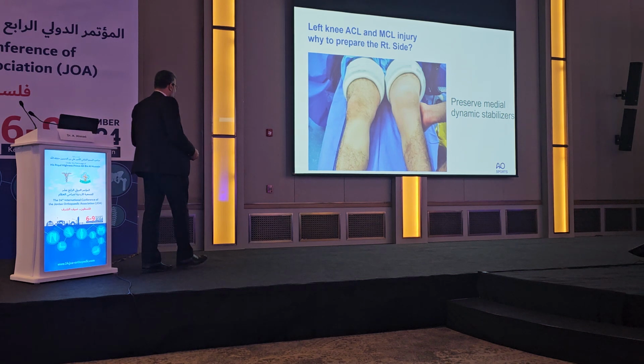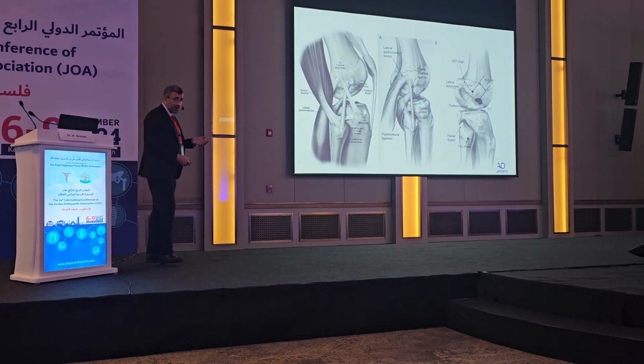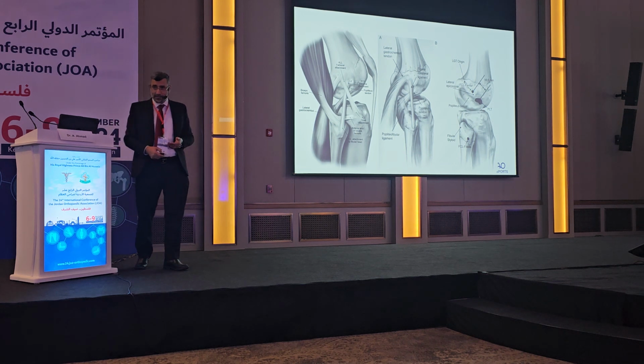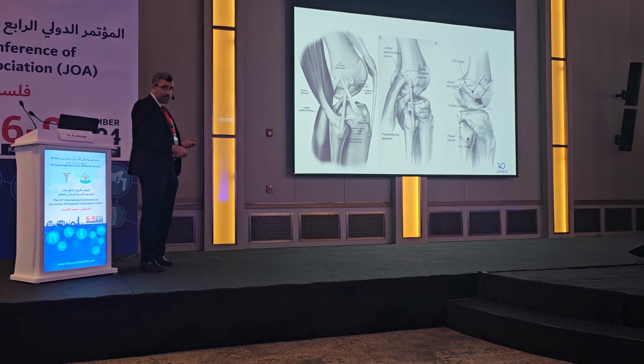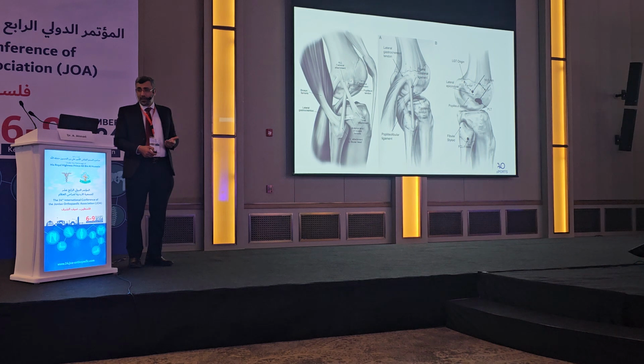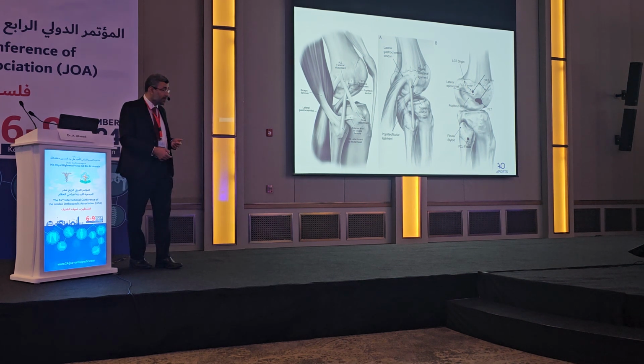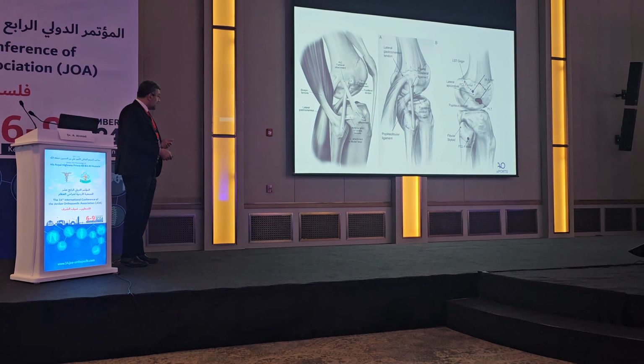Yeah? Okay. Now, the lateral side, again, is a complex structure. Fibular collateral ligament, popliteofibular ligament, and we also have dynamic stabilizers: the biceps, the gastrocnemius, tensor fascia lata, and so on. So we have to know these ligaments and the role of each one, even by clinical examination and the importance in later treatment.